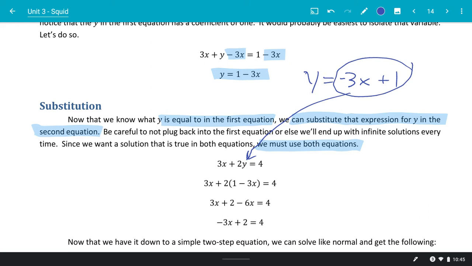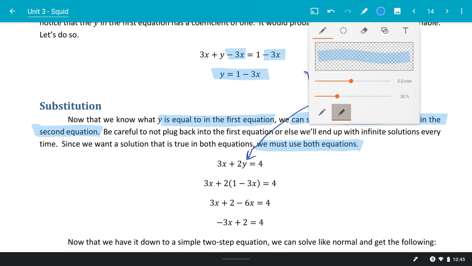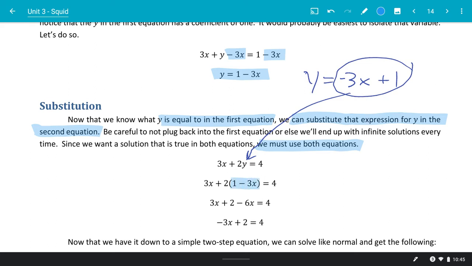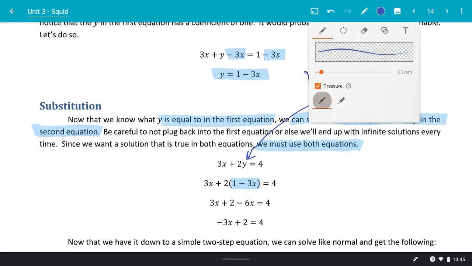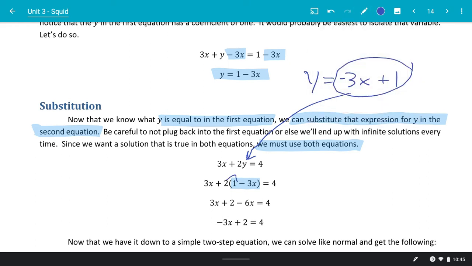Okay? Notice that they're doing that right here. And then they have to distribute 2 times 1, and then 2 times negative 3x. We can see that happening here. And they're going to combine these two like terms.